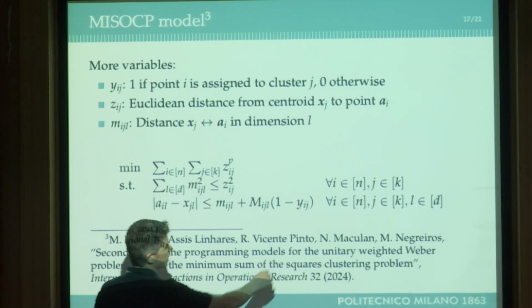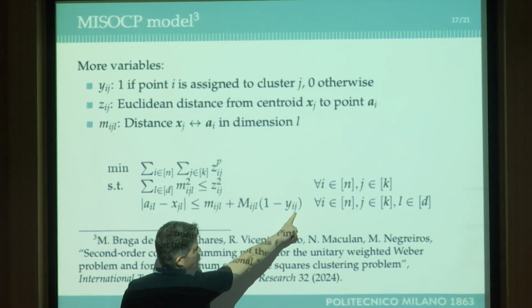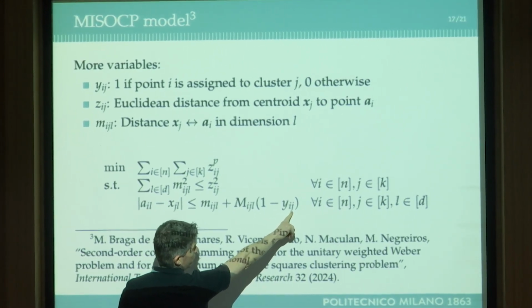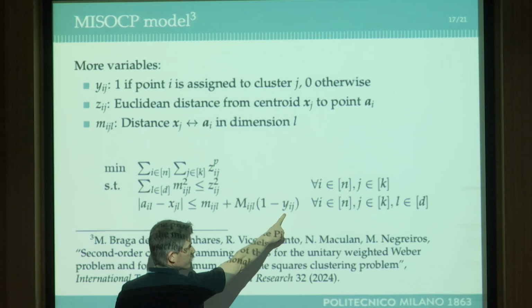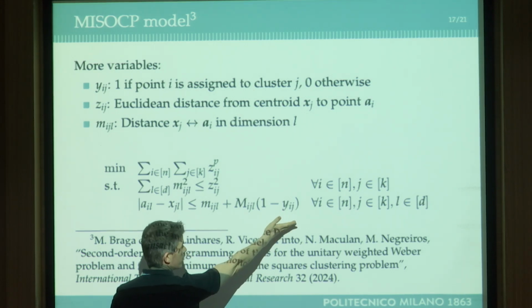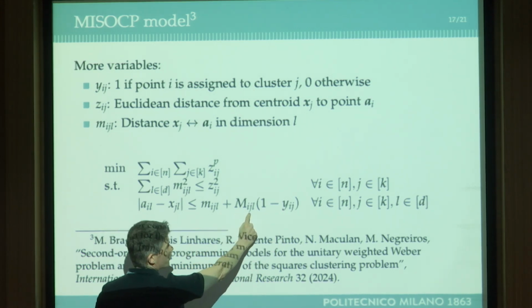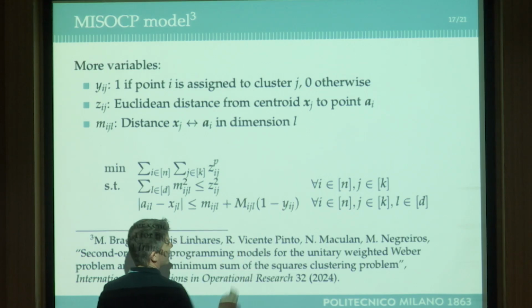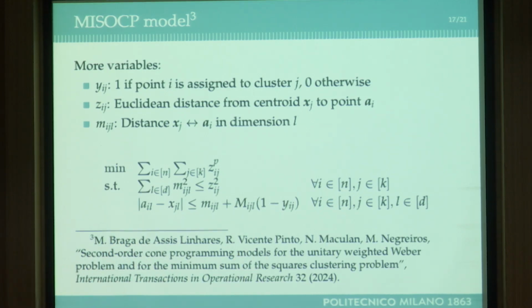And the decision whether you assign point i to cluster j is in the binary variable y_ij. So you need another, once again, big M constraint where y_ij determines whether point i is assigned to the cluster j.